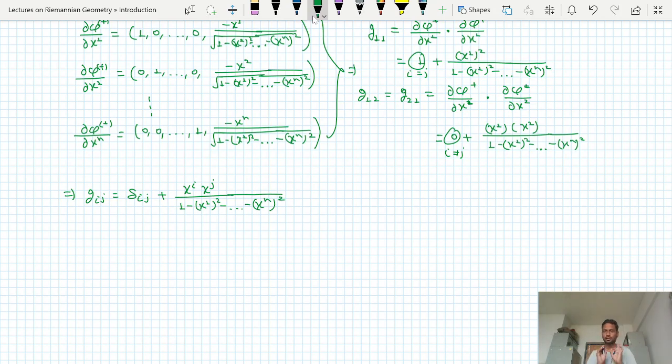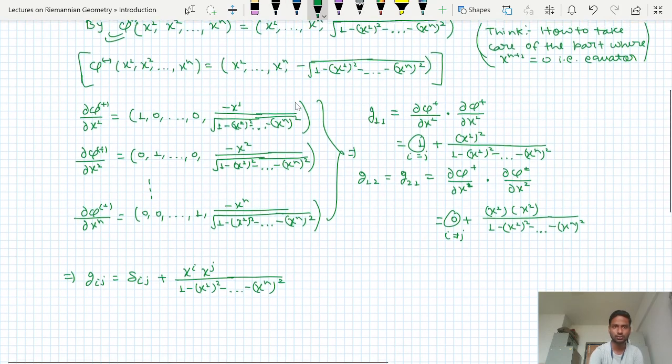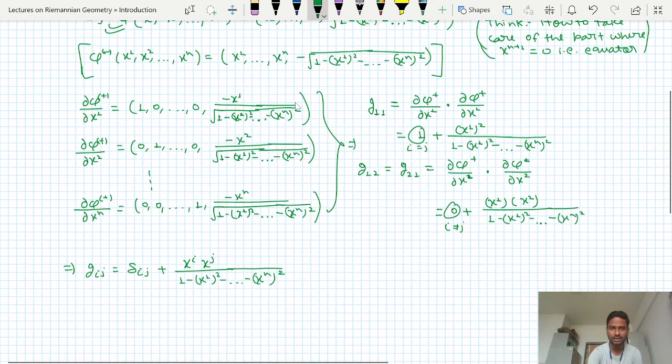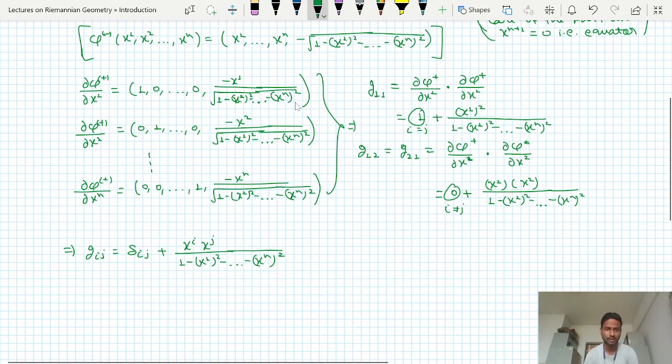So here is another exercise. What I have done up to here is use the parametrization of the upper hemisphere to figure out the metric components. What you need to do is calculate the metric components using the parametrization of the lower hemisphere, and you will see, so let me write this as Gij plus.